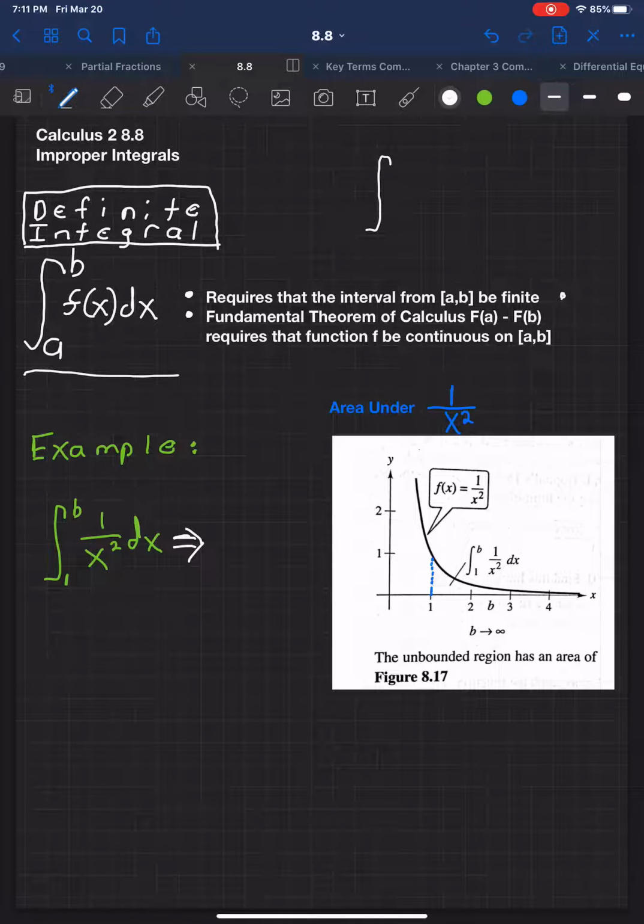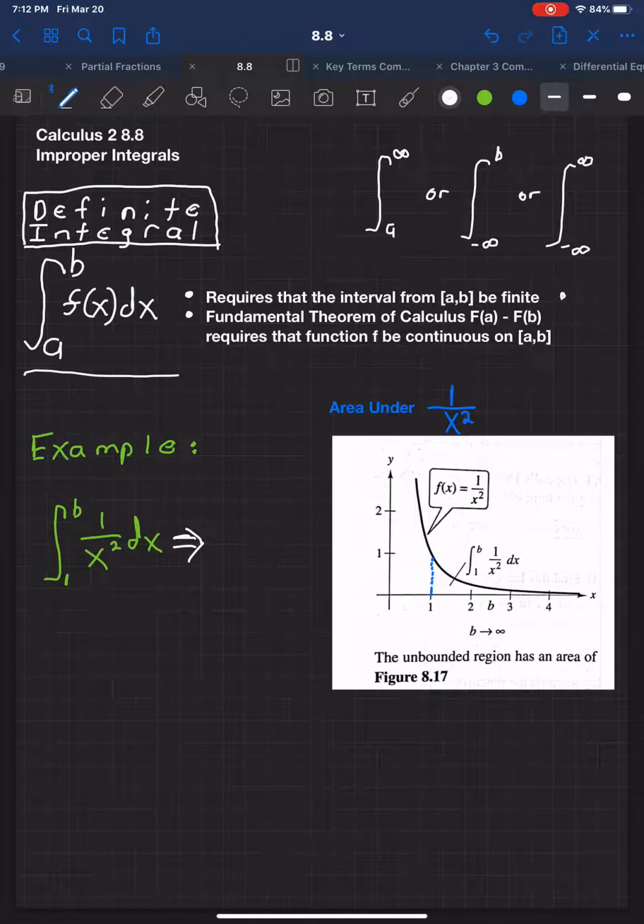We're going to go from some bound a to infinity, or we're going to be going from negative infinity to some bound, or even what if we want from negative infinity to positive infinity? Very, very interesting. And that's why we had to have a grasp of 8.7, the idea of L'Hopital's rule and limits, in order to make this work.